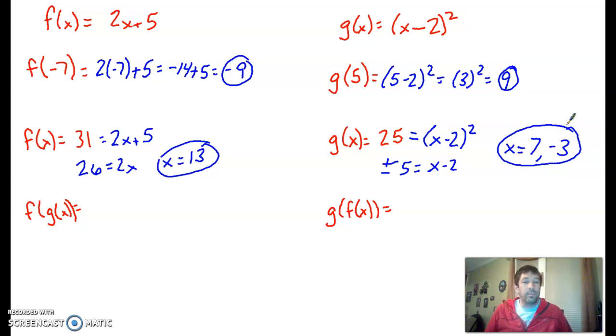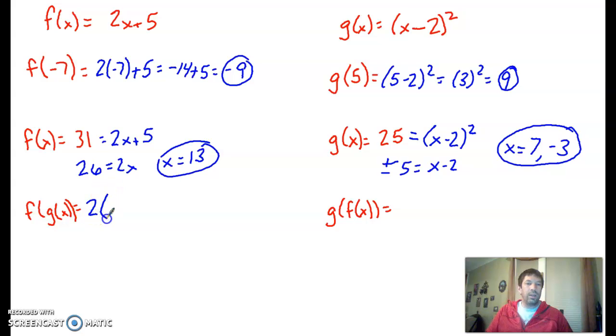Now the last one here is a function composition. So we're taking f of g of x, and we want to find f of g of x. That's very similar to the first one, where we did f of negative 7. In that one we took negative 7 and plugged it in for x. So now we're taking g of x and plugging it in for x.